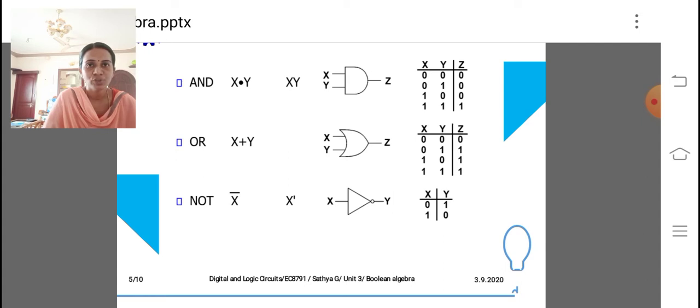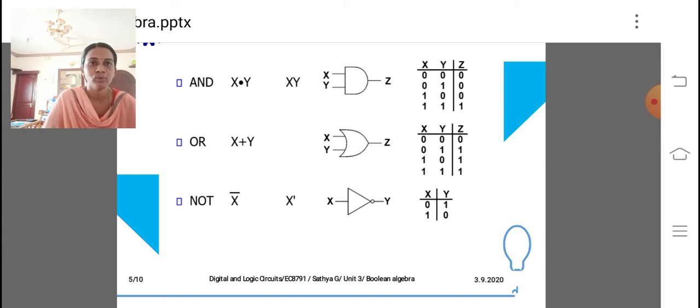In the second case, OR performs the addition operation. Here x, y is the input and z is the output state. In x, y we are giving four different input combinations, that is 0 0, 0 1, 1 0 and 1 1. If any one of the inputs is high, automatically the output becomes high. That is the objective of the OR operator.